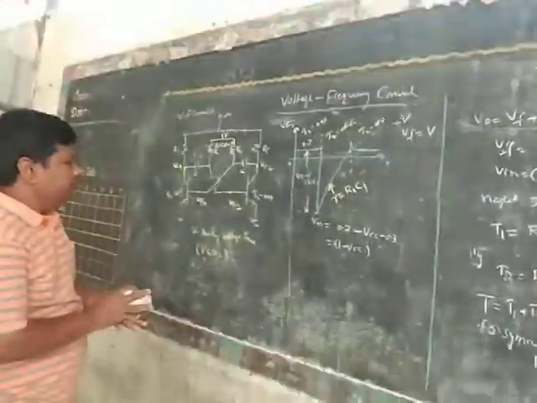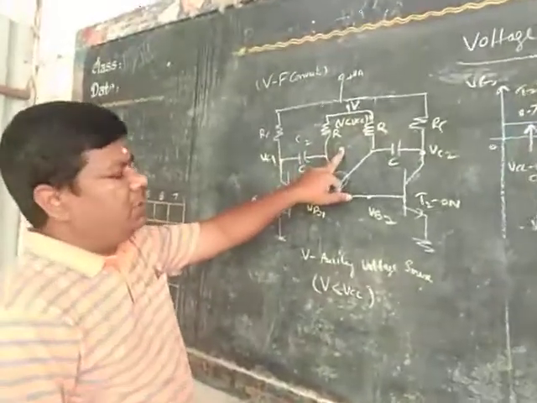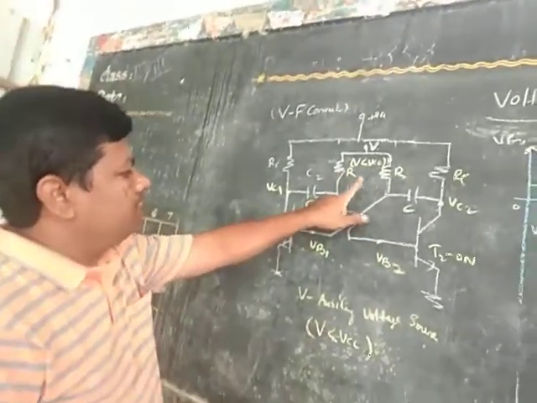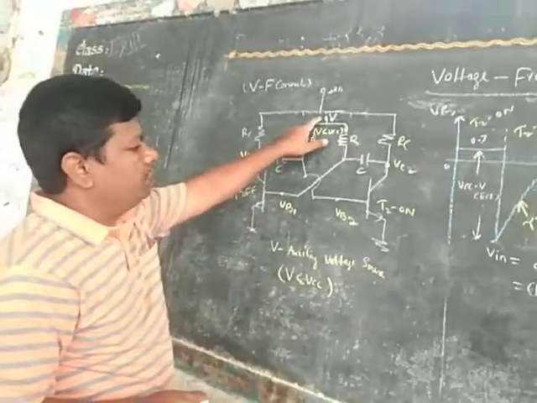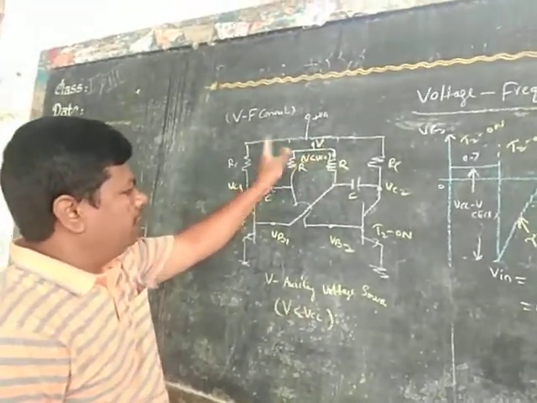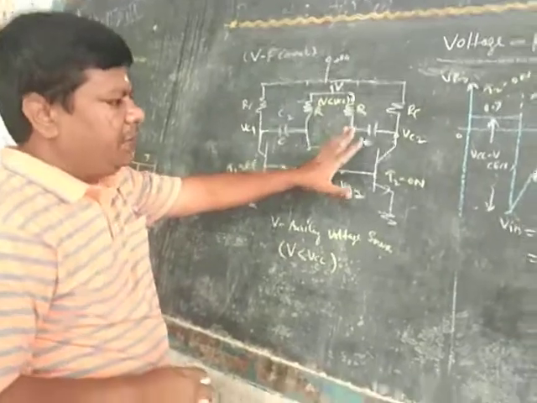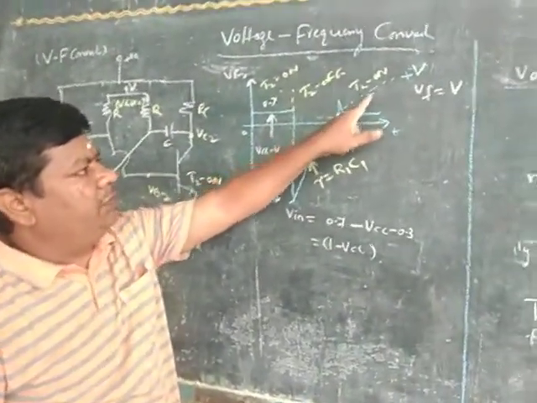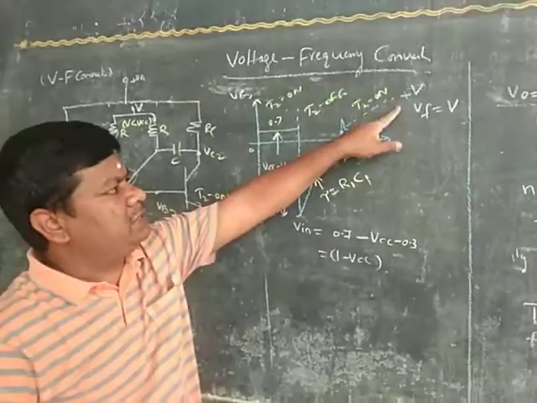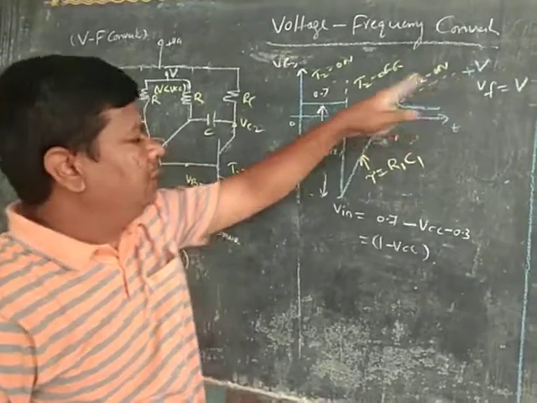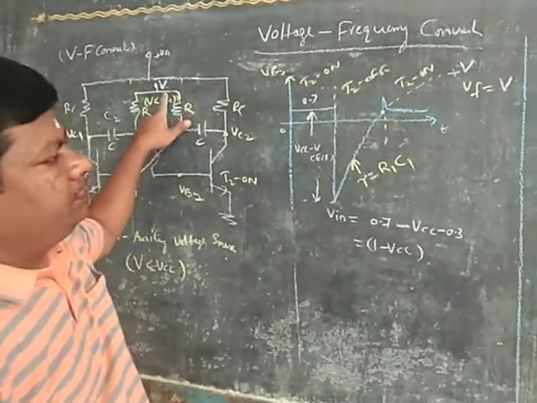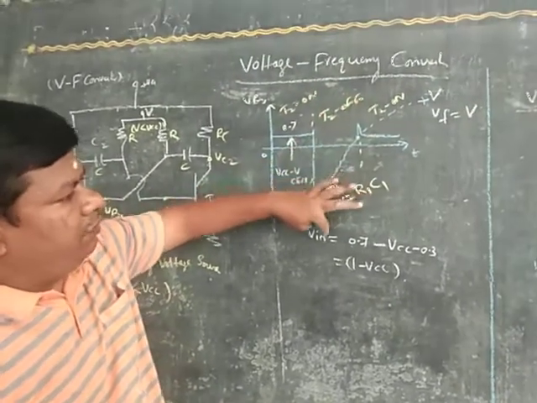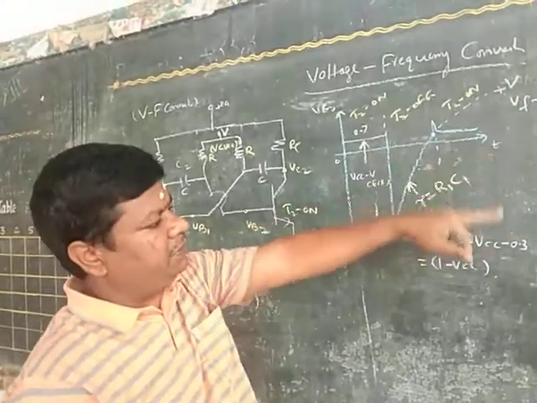Again here the procedure is, this is the circuit diagram for the V to F converter. Here the small change is that two resistors are now connected to the auxiliary voltage source V. Remaining operation everything is the same. The waveform is also the same. Only one thing: V final, the final voltage, is V instead of VCC. Then we calculate V final, V initial, then substitute in that expression.